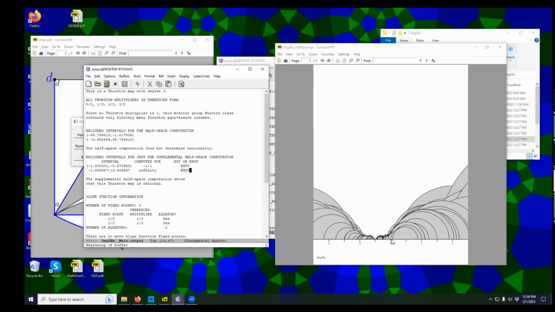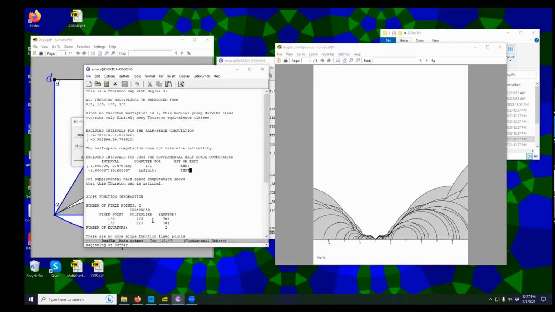So what I don't understand is how are you able to find all the fixed points of the slope? Now, we're using a generalization of this argument. For the generalization of this argument, the intervals in question will not contain fixed points. See, you're correct for the fixed point computation.